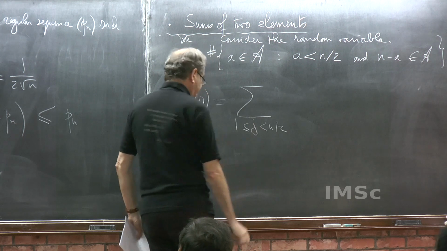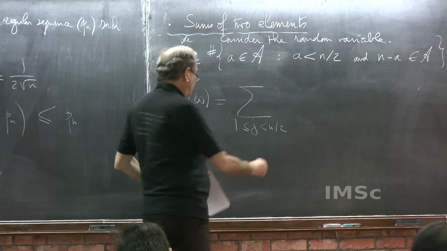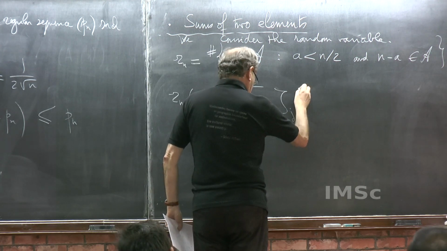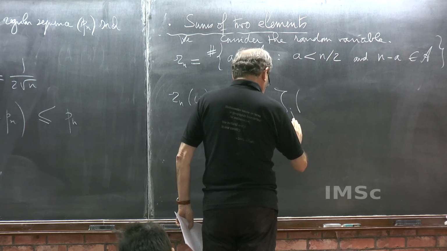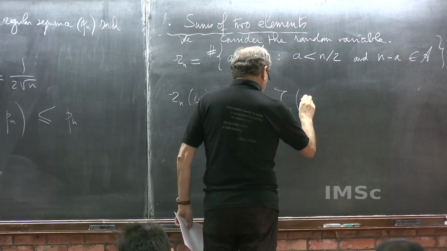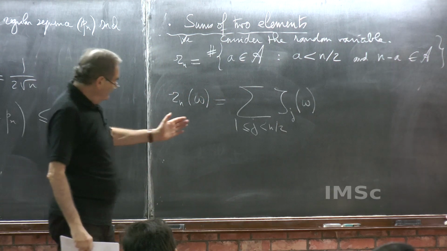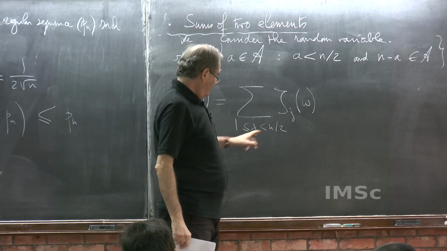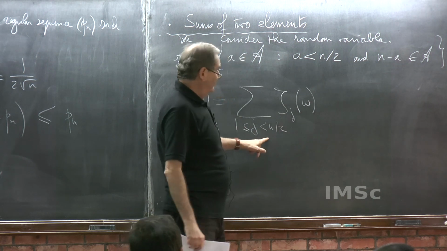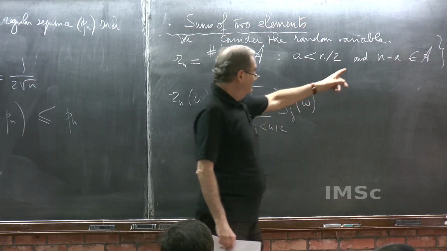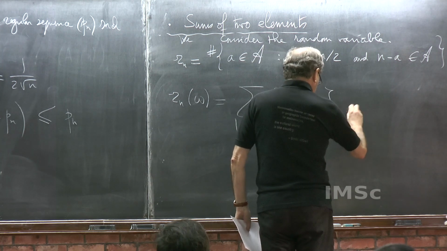I ask this element j to be in A, that is to say that I take zeta_j(omega). So this will be 1 to say that my first summand is in A. It is up to n over 2, this is fine. But now I have to say also that the other one is there. So this will be zeta_{n minus j}(omega).